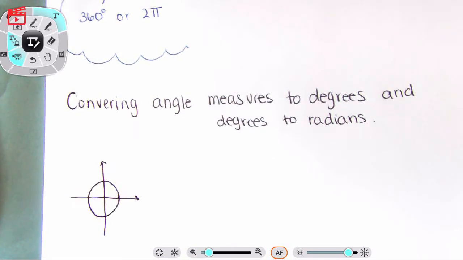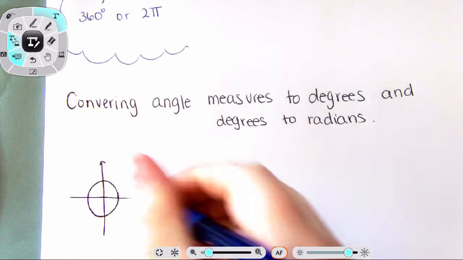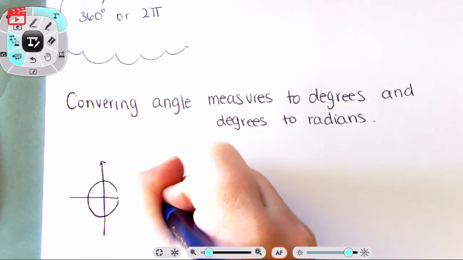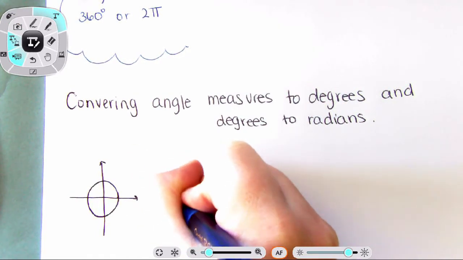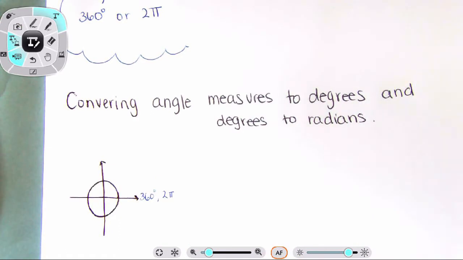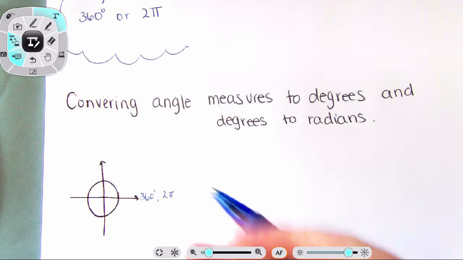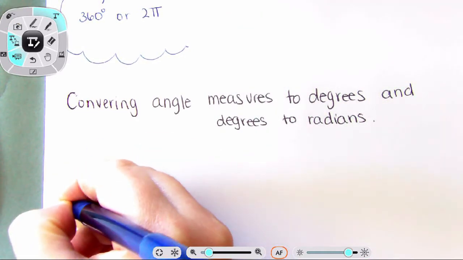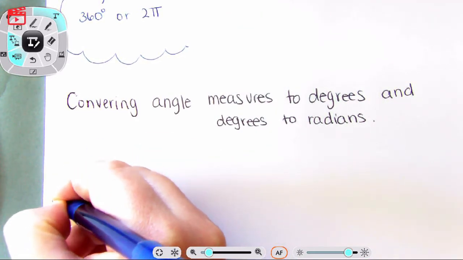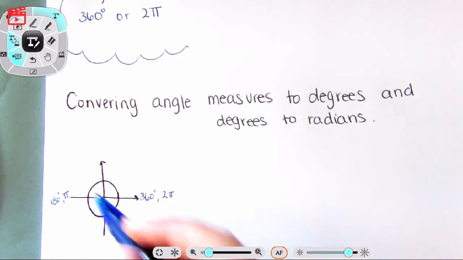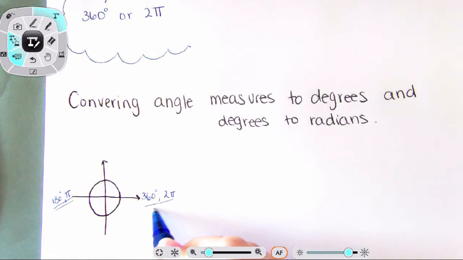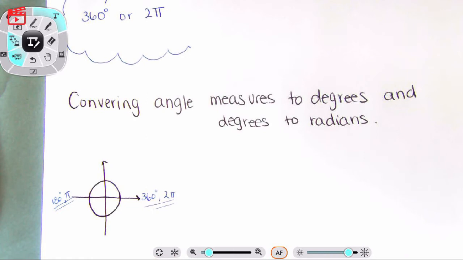Okay, so we know that one revolution, one cycle, one period is 360 degrees, also known as 2 pi. We also know that half of a revolution, or half of a cycle, half of a period is pi, or 180 degrees. These right here are going to be your conversion rates.